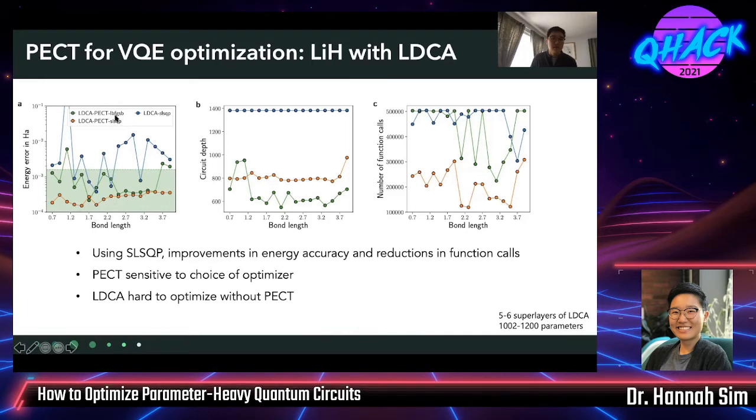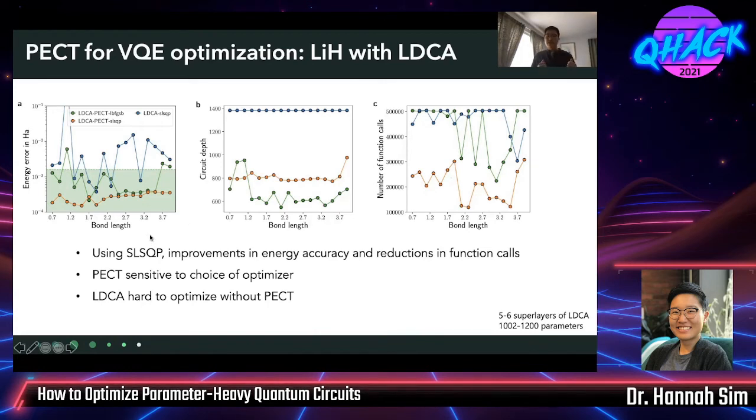Whereas if you were to use the L-BFGS-B optimizer, there are particular bond lengths where the final energies never make it below the threshold. And if you now look at the number of function calls, using SLSQP is also advantageous in terms of reducing the number of total calls that you have to make to the quantum computer in order for the optimization procedure to converge.